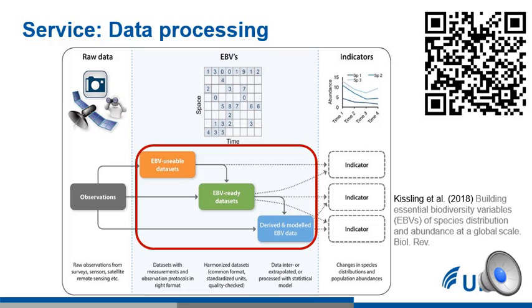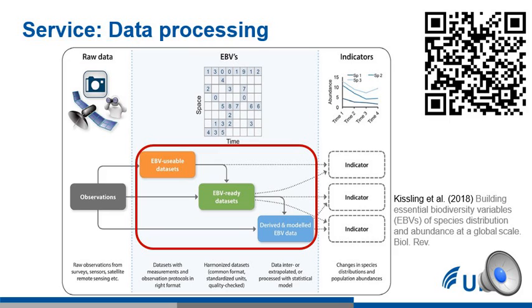So, for example, in the paper from Kissling et al., we clearly show, okay, there might be data sets which are more or less usable directly as an EBV, meaning they are of good quality, they are global or large-scale data, cleaned, and so on and so on.